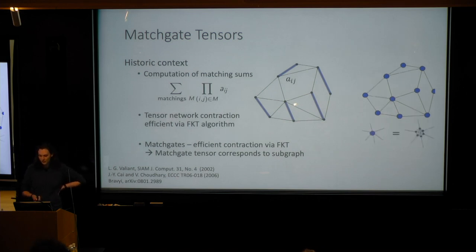But the intuition behind this is that if you choose these tensors to be representing subgraphs in a suitable way, then your whole tensor network will again become like a matching sum computation. So it's a reasonable intuition to think of match-gate tensors as some subgraphs of a tensor network, of a graph.